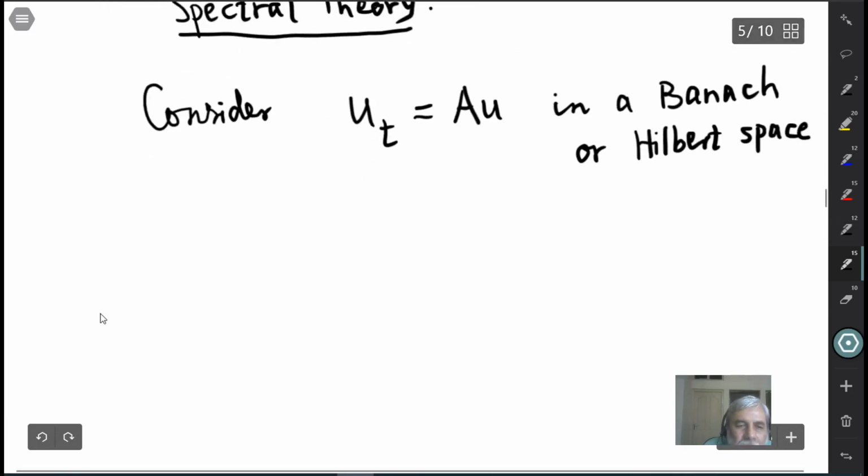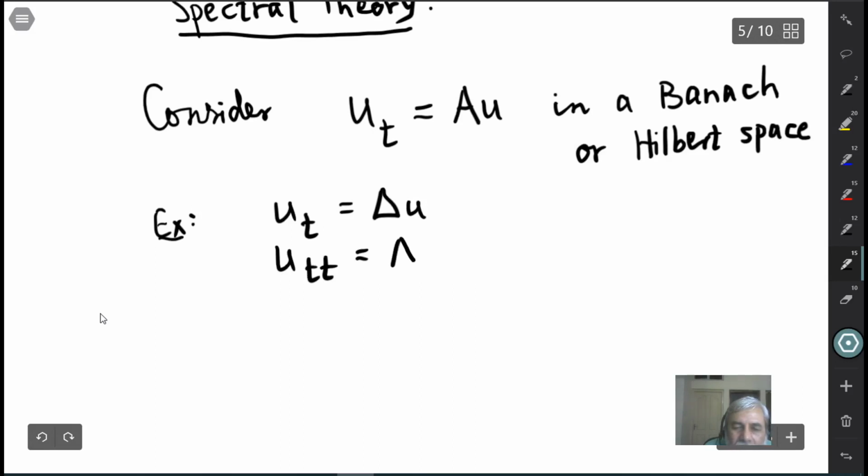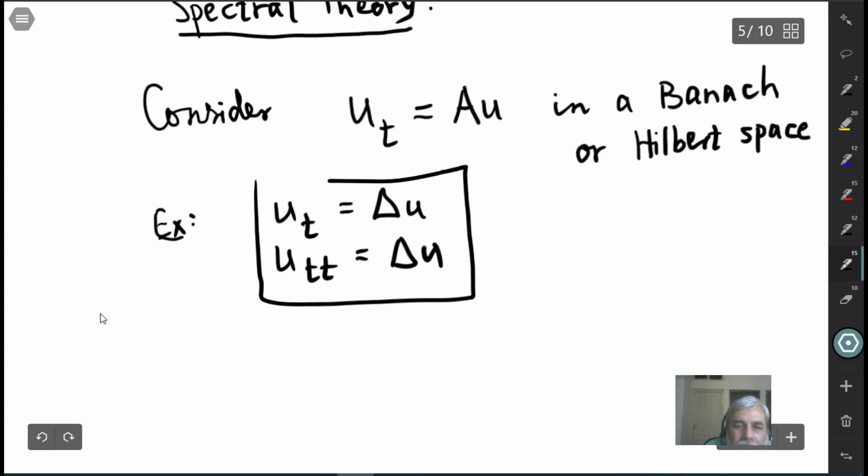Okay, so in our example, we have this heat equation, more generally a parabolic equation, and again wave equation. So these can be brought into this form.